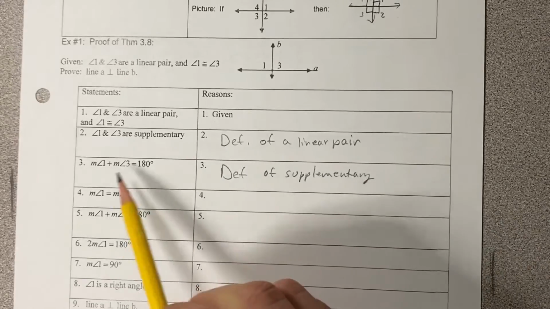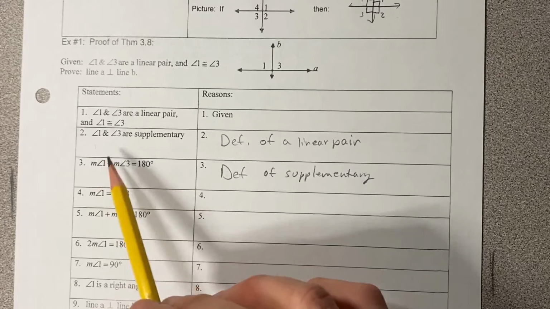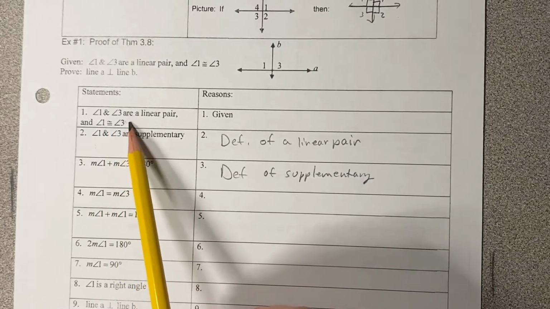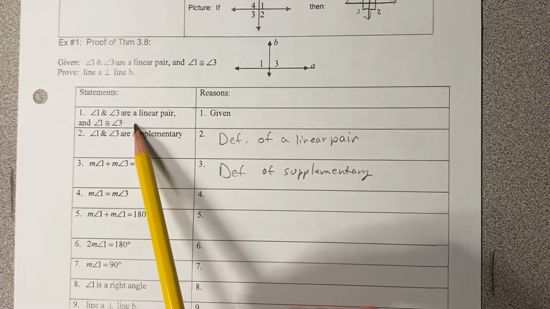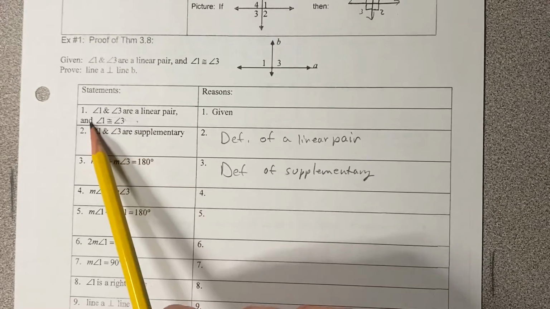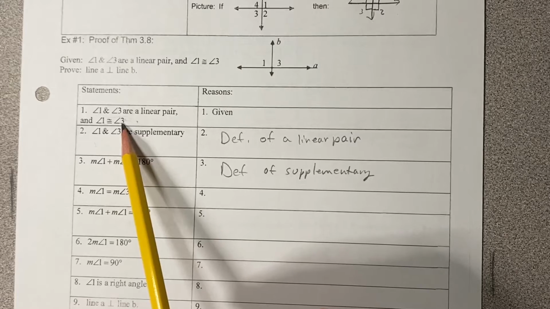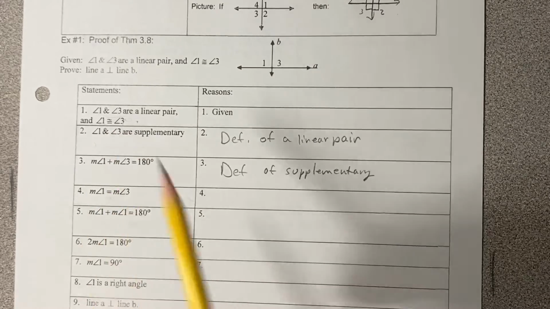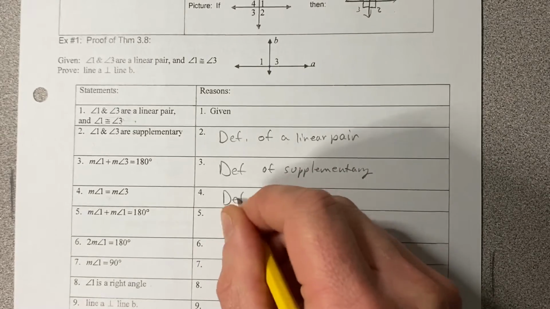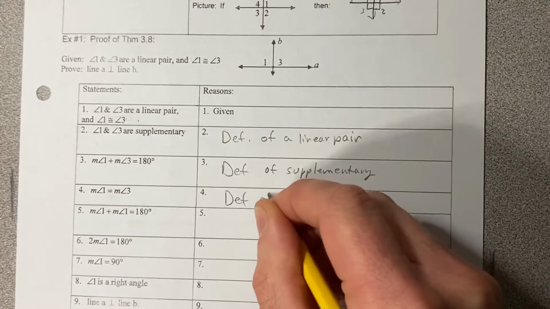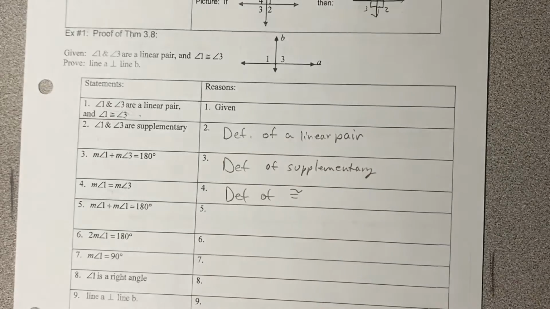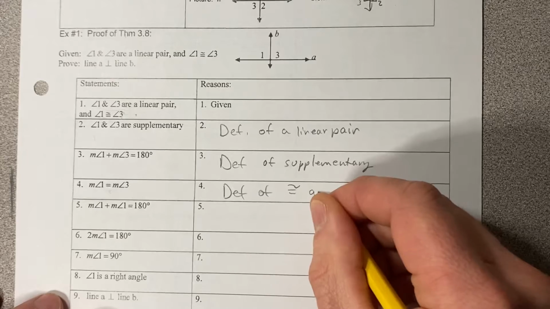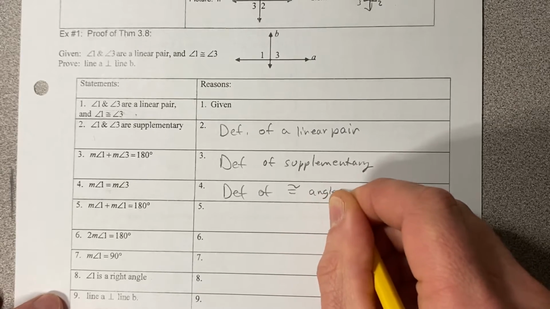Now, that doesn't actually come directly from steps 2 and 3. It comes from statement 1, where it says angle 1 is congruent to angle 3. Well, if they're congruent, we know that their measures are equal. And yet again, we got another definition of congruency. Or you could say definition of congruent angles if you want to get more particular about it.